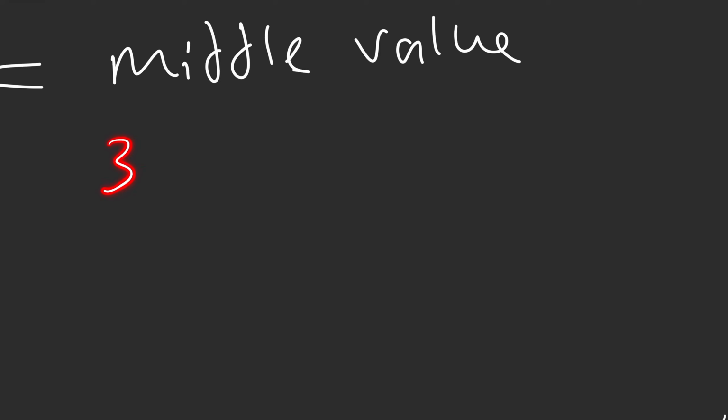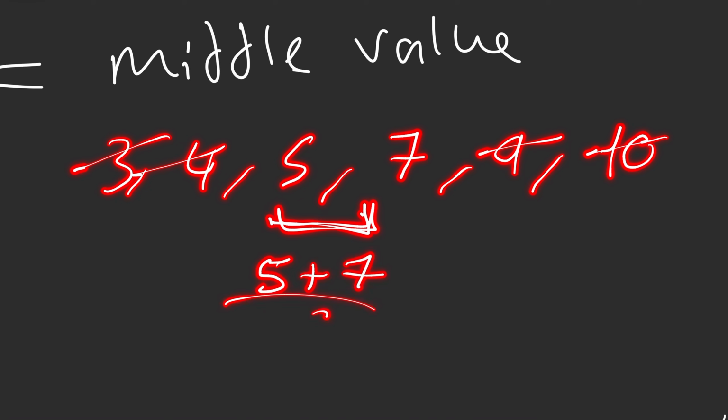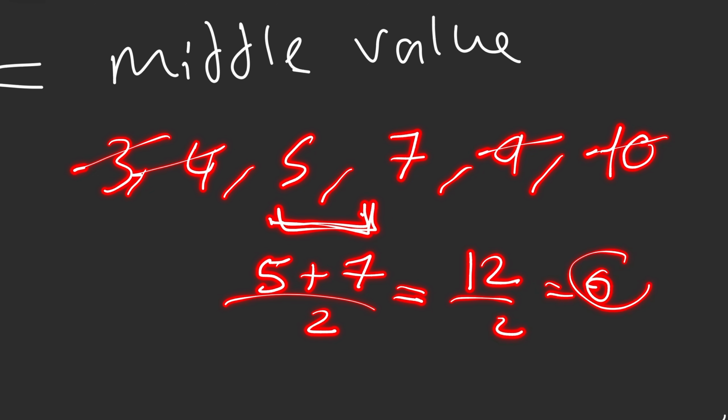So let's do it again. 3, 4, 5, 7, 9, let's say 10. Now we cross. And as you can see, we have 2 numbers in the middle. We cannot have 2 numbers in the middle, we should only have 1. So we take the mean of these 2. So 5 plus 7 over 2, which is 12 over 2, which is 6. That's the answer. Okay.